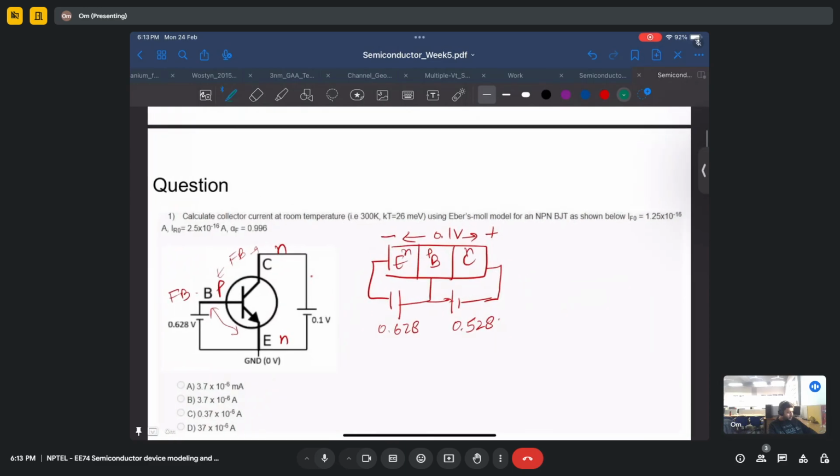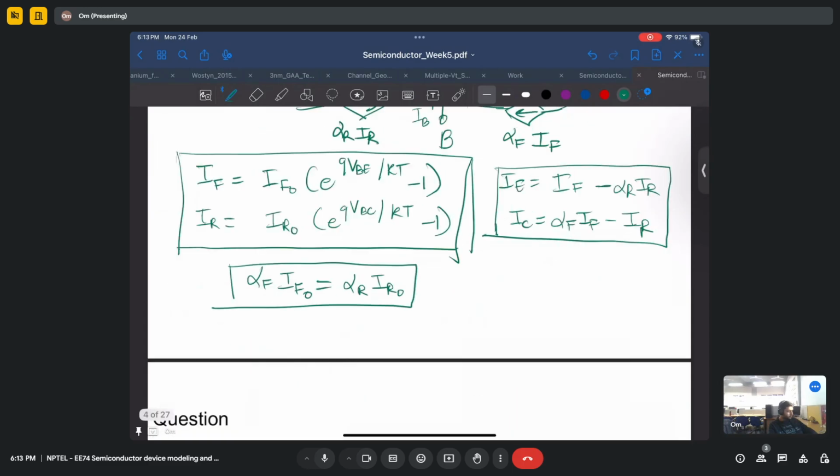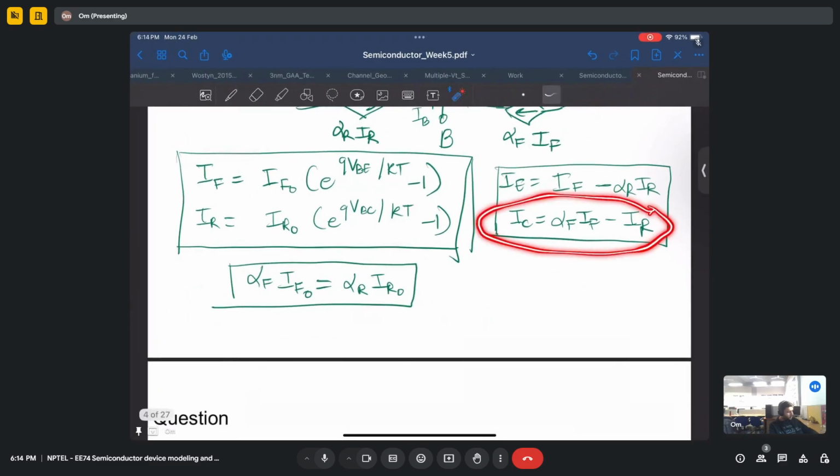What we have to find is the collector current IC, and we know IF naught, IR naught, and alpha F. So we will use this equation.